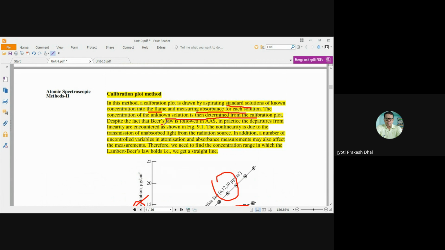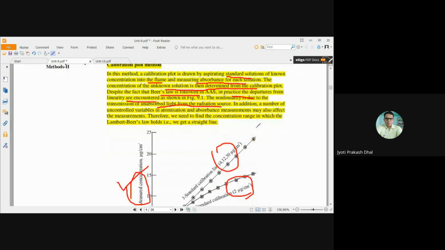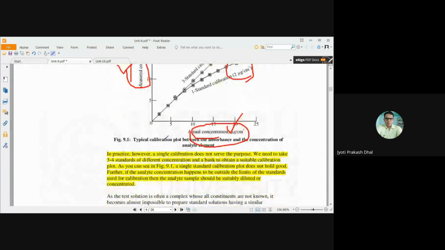Despite the fact that Beer's law is followed in AAS, in practice, a departure from linearity will be observed. The non-linearity is due to transmitted or unabsorbed light from the radiation source. In addition, the number of uncontrolled variables in the atomization and absorbance measurement may also affect the measurement. Therefore, we need to find the concentration range in which the Lambert-Beer law holds, where we get a straight line.